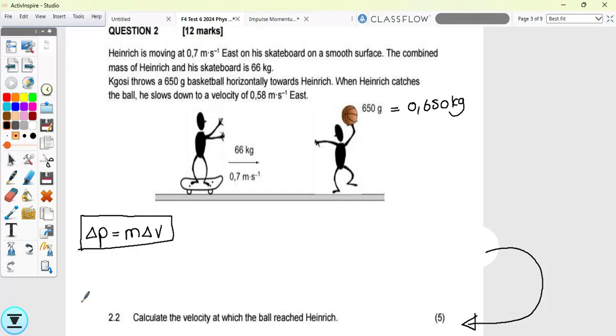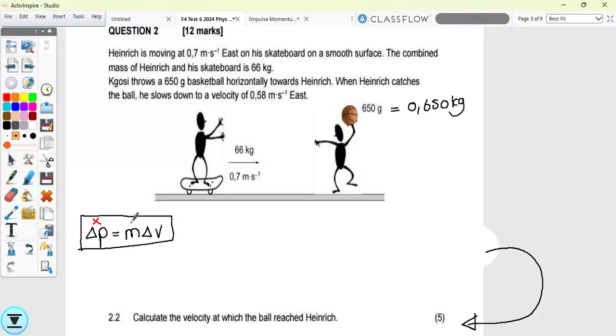It's impulse. So we can do this, but let's see, because you could use it, but you need a lot of information. So let's start and see. Don't get discouraged if you use the wrong equation. Just go and see is there something else, because delta P would be the change in momentum. They did not give us that. The mass of the ball, yes, we have, but now we need to decide.